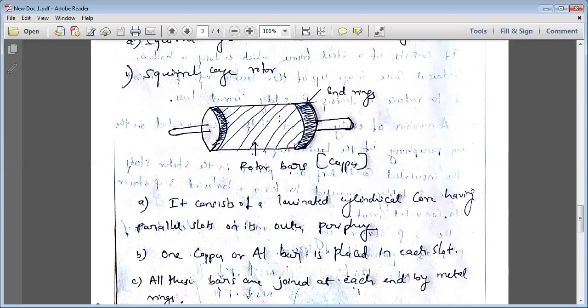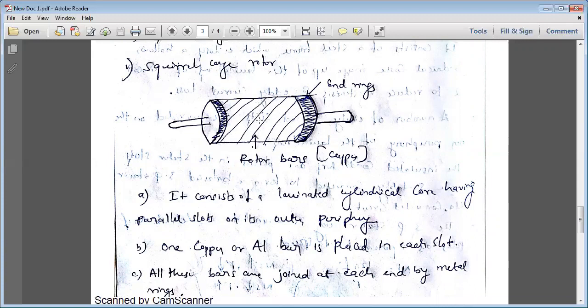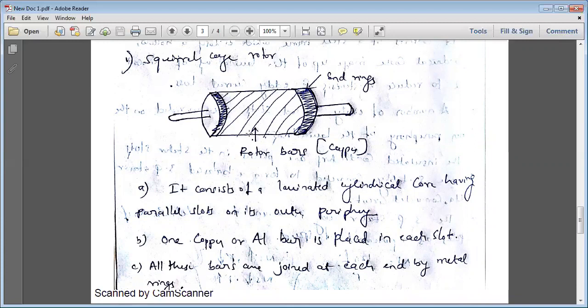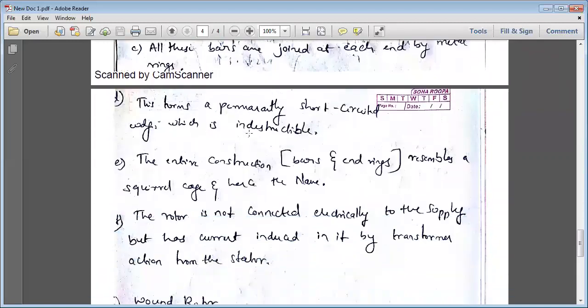When the machine is running at full load, there is a possibility of more noise, and that can be reduced with the help of this type of design. We can also give more rigidity to the machine, meaning indestructible, very strong.